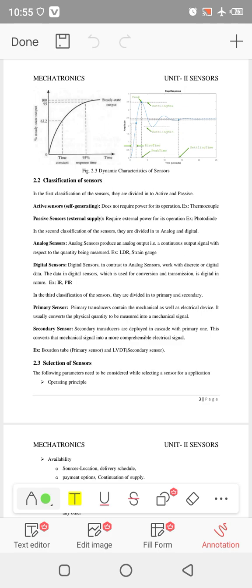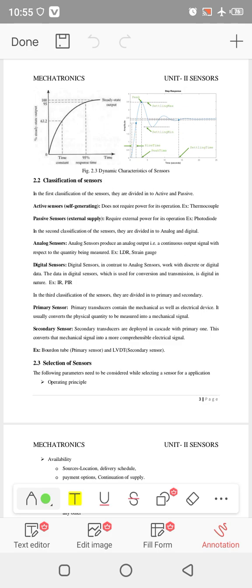The next one is passive sensors. A passive sensor needs external power or supplies. This means it doesn't generate electric power by itself. For example, a photodiode, and we can also say a strain gauge.